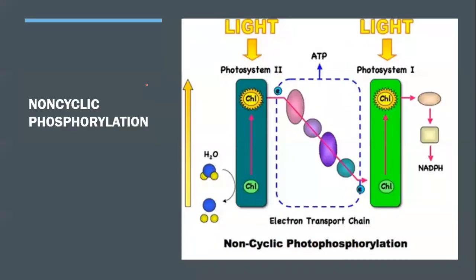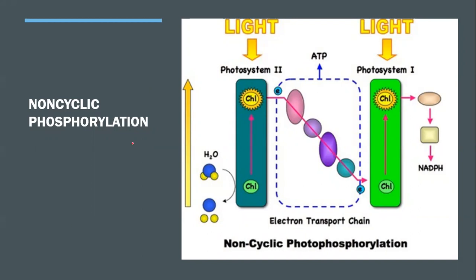Then we have non-cyclic photophosphorylation. In non-cyclic photophosphorylation, what is done? Water molecules are broken down, providing hydrogen ions that you need to reduce NADP. Right? NADP is one of the compounds that is used. So to reduce NADP, we need to get hydrogen ions.